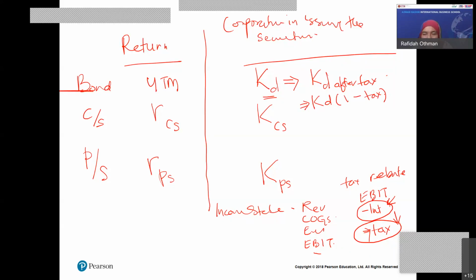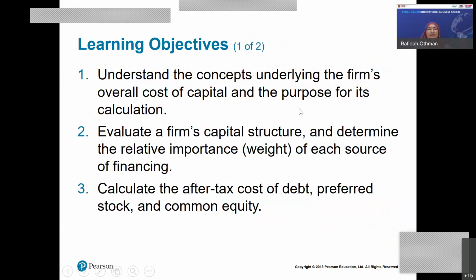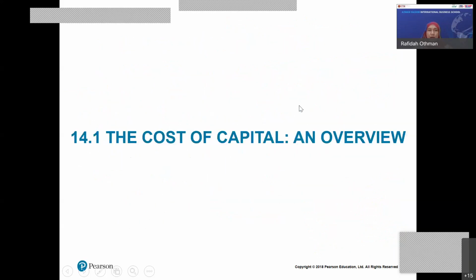These are the components of the capital structure. So how are we going to find our WACC? I want you to read all these notes on the cost of capital.